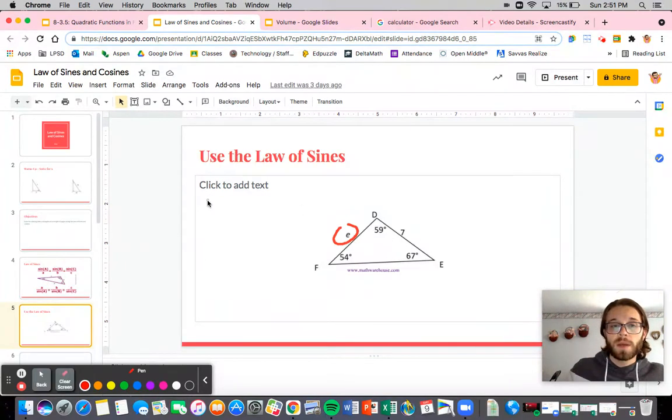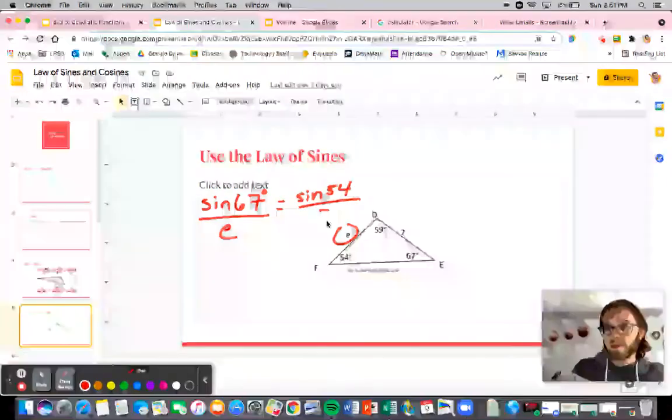So I know that sine of 67 degrees over E has to be equal to, again, you pick any angle on its opposite side. In this case, we could use the 59, but we don't know this side, so that won't help us. But we can use the 54 over 7.